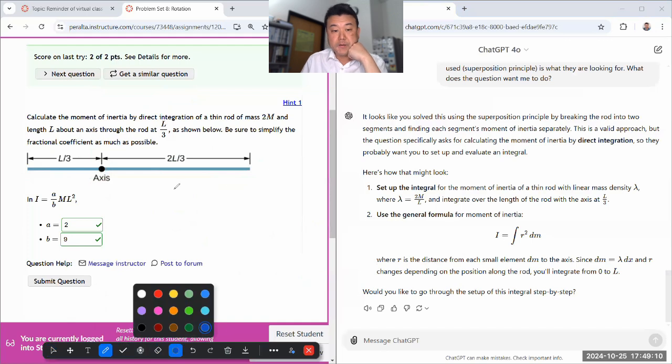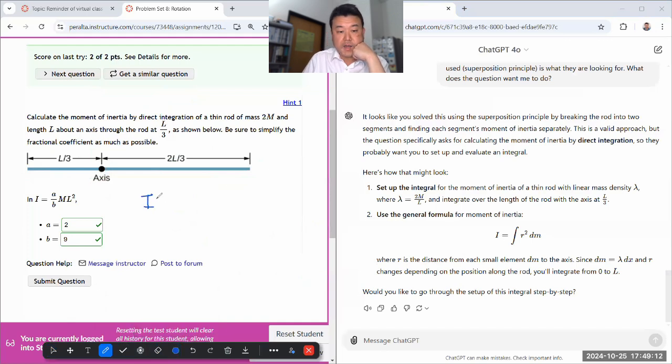So we are looking to do I equals the integral of r squared dm. And it has told us r is the distance from each small element dm to the axis. Right, so I guess I'm saying this axis, and dm is lambda dx, and r changes depending on the position along the rod.